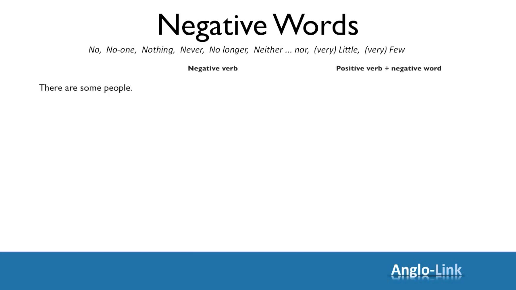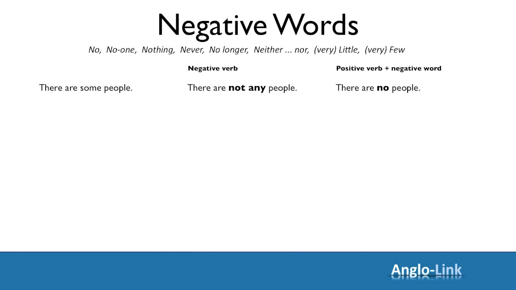So, we have a sentence here, there are some people. Let's change that into a negative sentence. First, there are not any people. And now replace not any with a negative word, like no. There are no people. That's right.